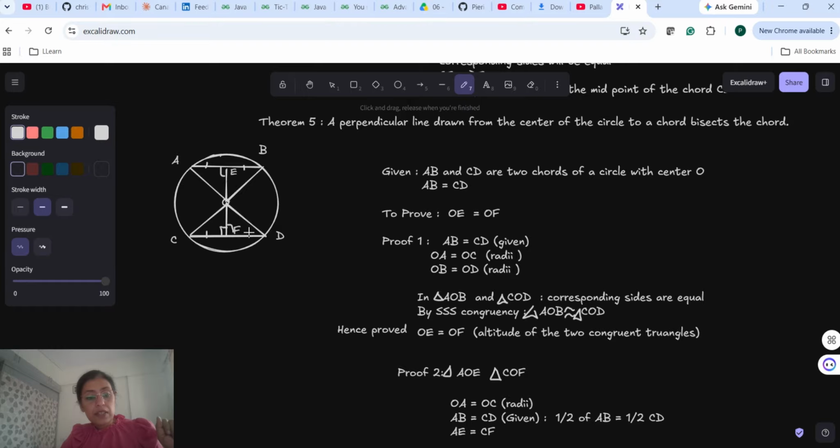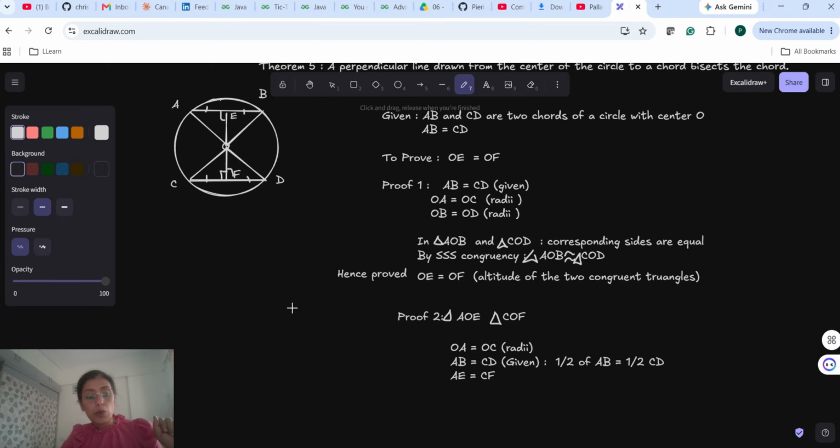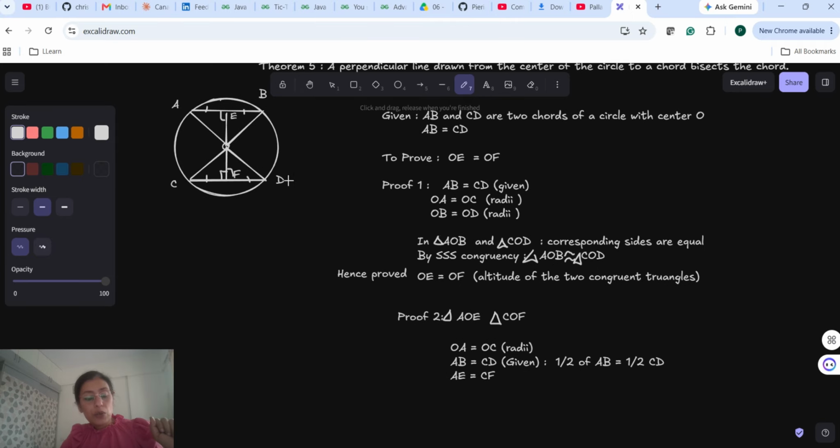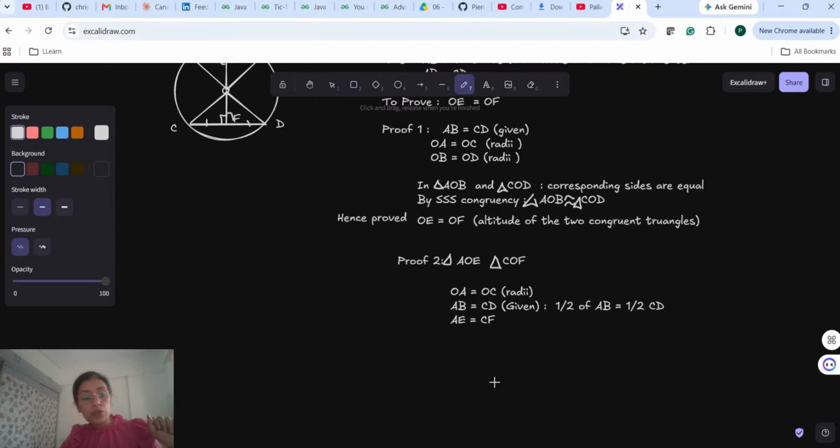So this means these two sides are equal, right? That is the reason AE is equal to BE, CF is equal to DF, right? And because AB is equal to CD, half of AB will be equal to half of CD. AE is half of AB and CF is half of CD. So that is how we are saying AE is equal to CF.